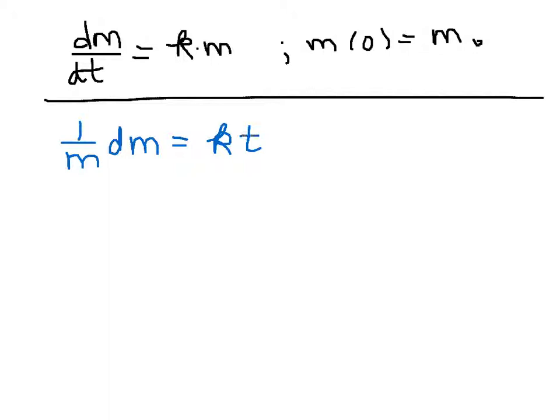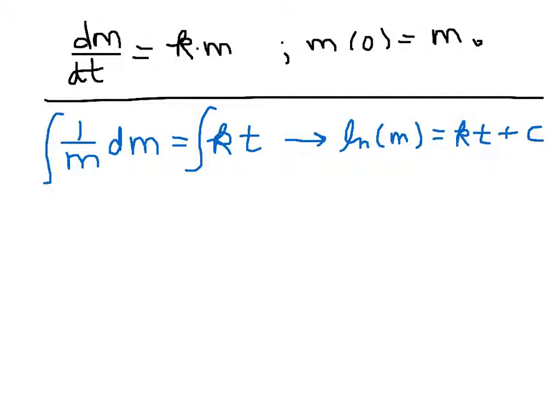Okay, and then we integrate, and that implies then that the ln of m is equal to kt plus a constant. Notice we don't need absolute value here because whatever we're talking about is always positive.